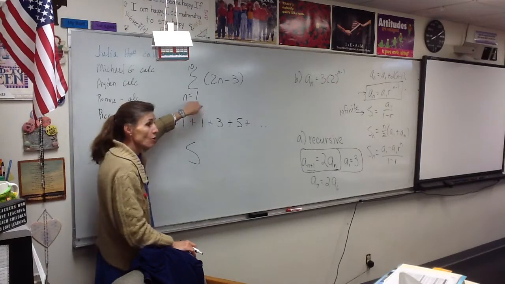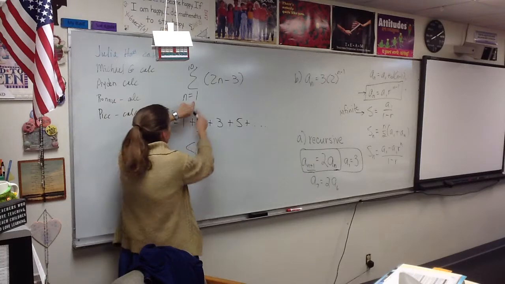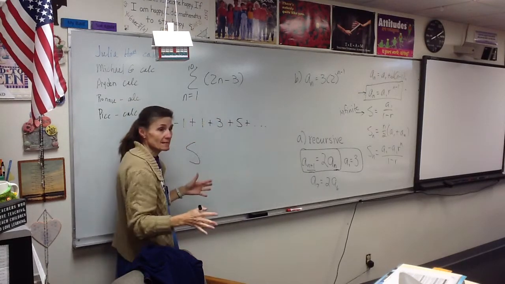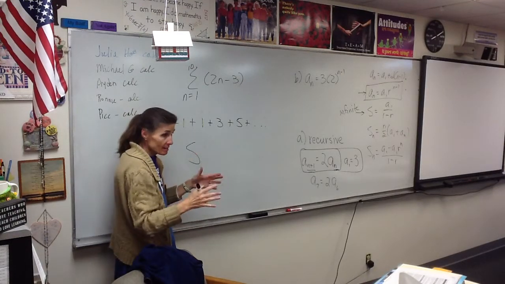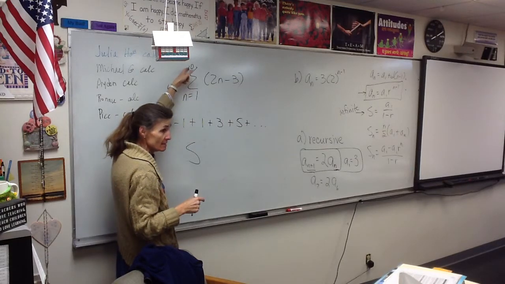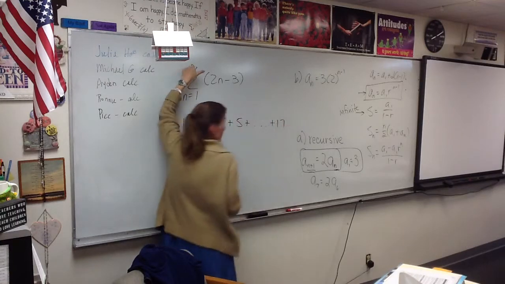Now, I started building the sequence by plugging in 1, and then I plugged in 2 and 3 and 4, and then I stopped because you saw what was happening. But technically, I should keep going until I plug in 10. So the last number in this sequence would be 17.